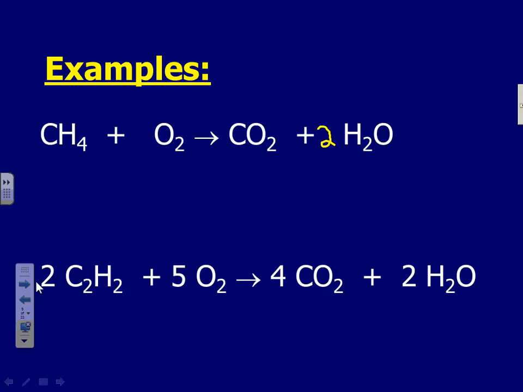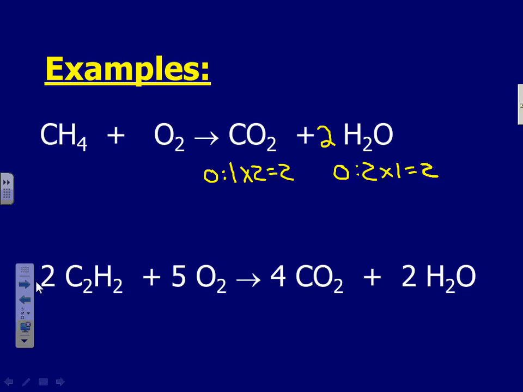Now we have to add up the oxygens, and I like to write that down underneath. Oxygens, right here. 1 times 2. There's 2 of them, right? How about the oxygens in the water? The oxygens in the water, 2 times 1 is 2.